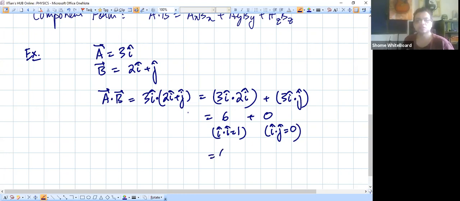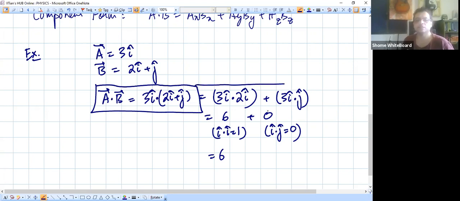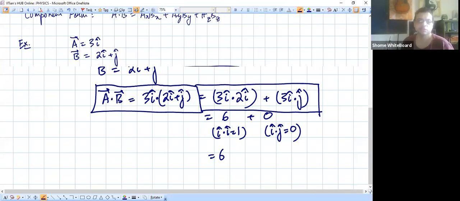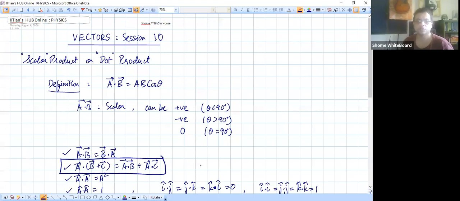So this method of calculating dot product by the component method is also an application of the distributive property. It comes from this property, which is called the distributive property. Prince, is it clear now?